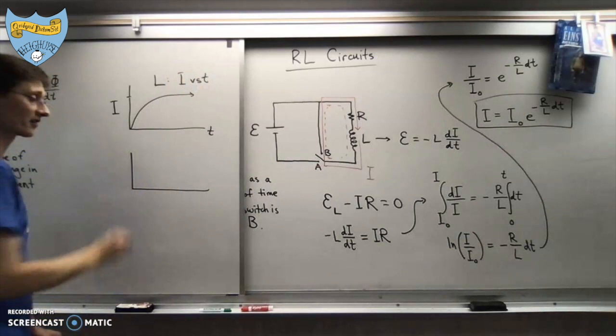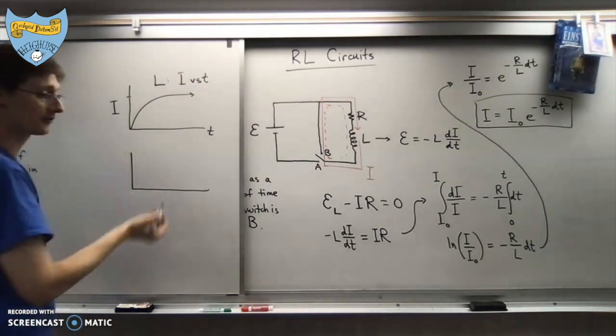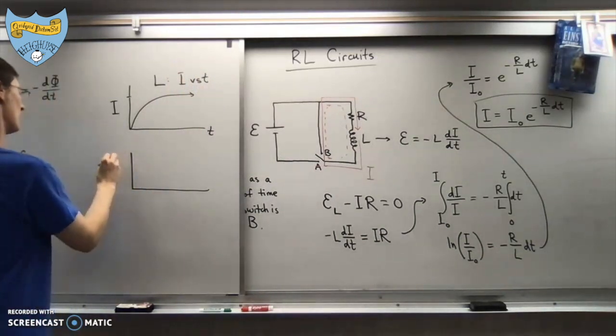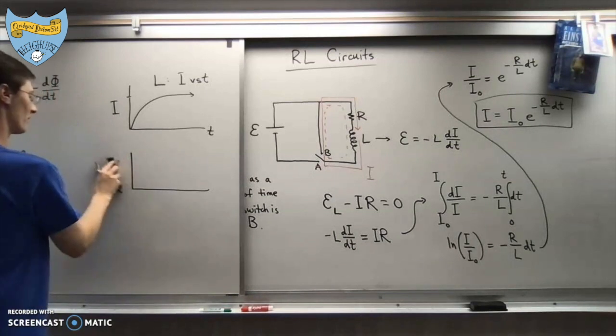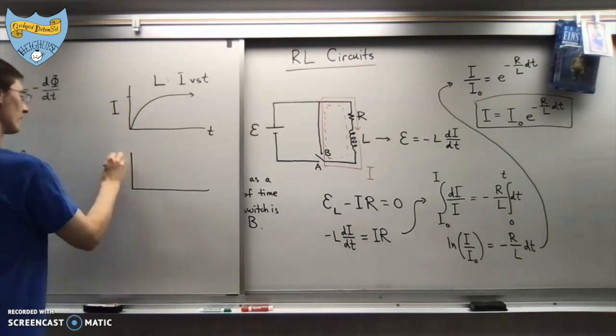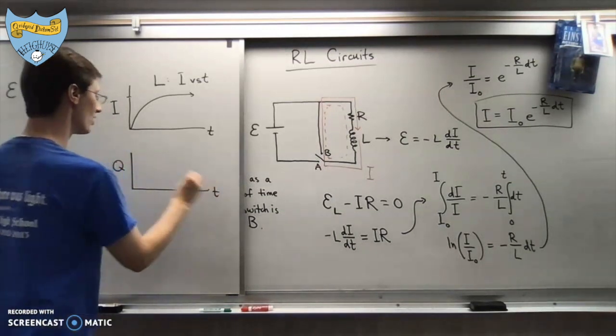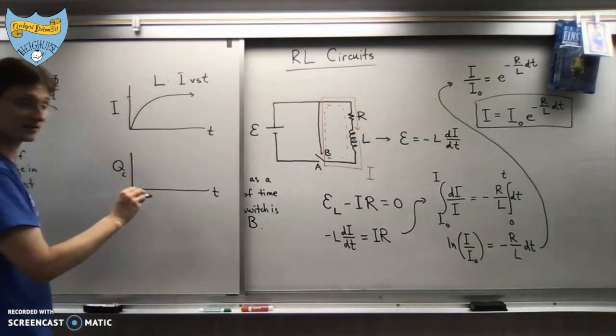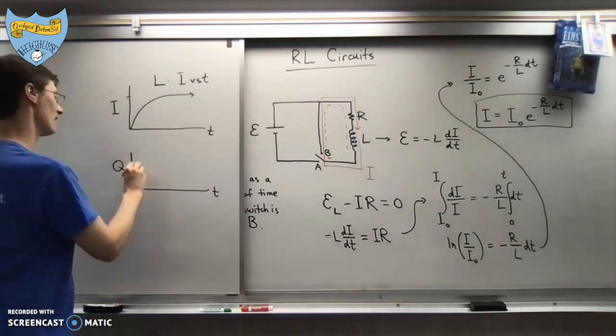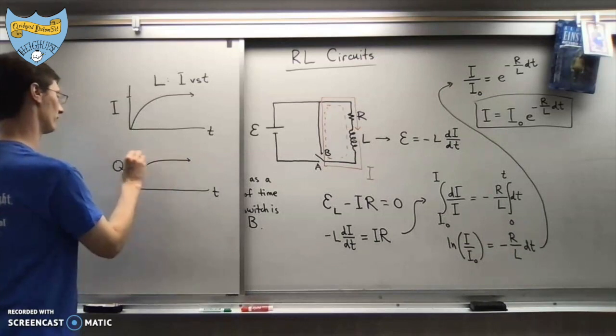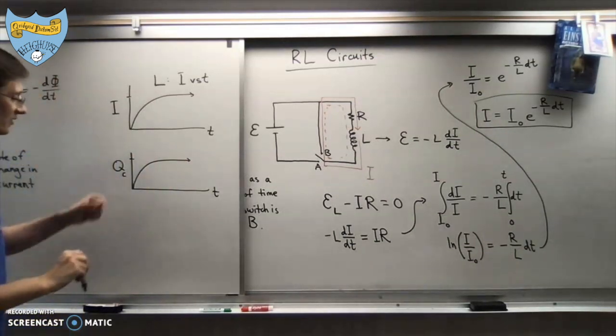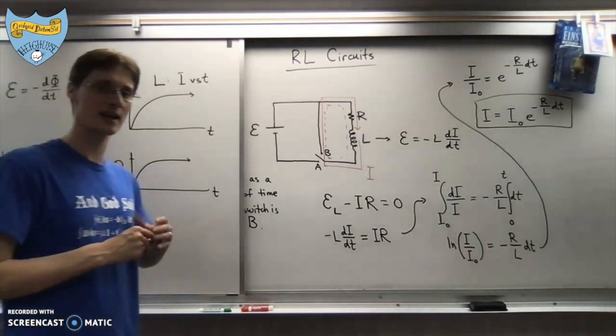For capacitors, there was this graph of charge versus time, or volts on the capacitor. If I made a graph of charge on the capacitor as a function of time, that is a natural growth curve. So that's where you saw the natural growth.